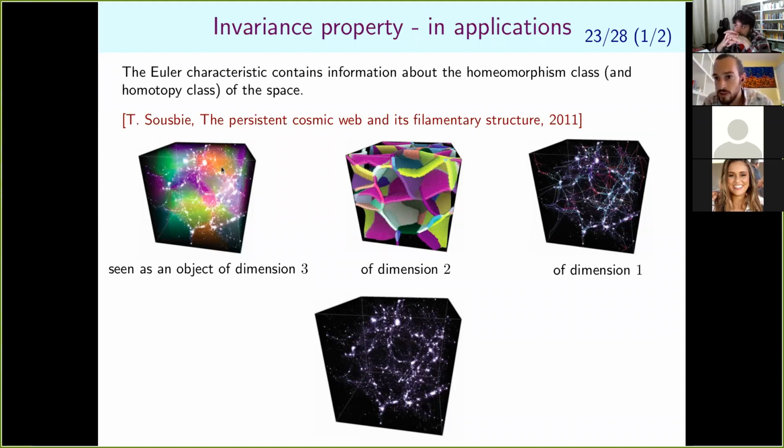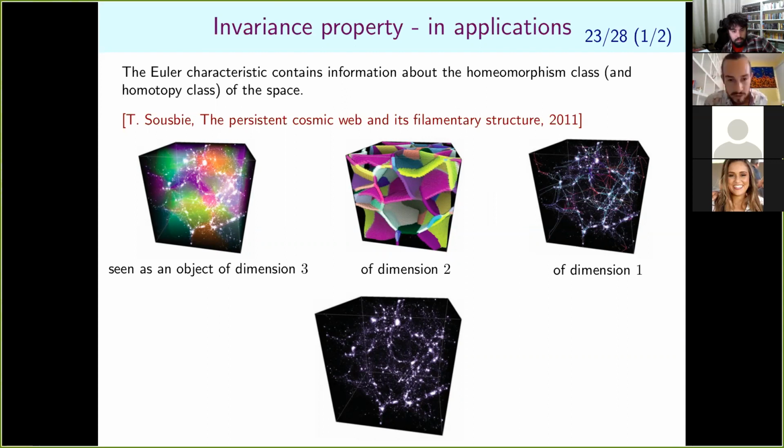You can also see it as an object of dimension 2 if you look at the walls that the galaxies draw, and also as an object of dimension 1 if you look only at the strings, the filaments. But in each of these cases, computing the Euler characteristic will tell us something about the topology of this space, right?